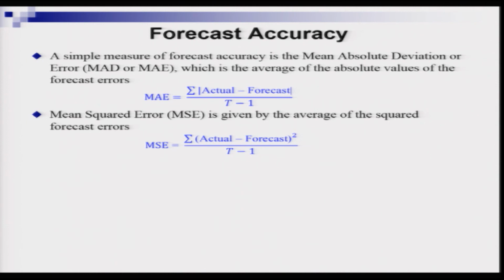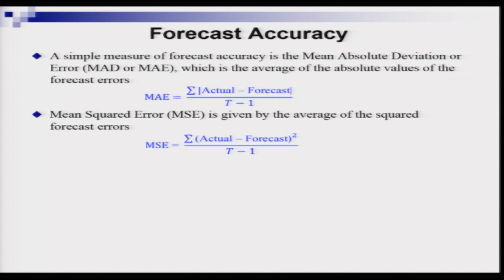Forecast error is the difference between the actual value of the time series variable and the forecasted value. Then you take the absolute value of this difference, sum over all observations, and finally divide by capital T minus 1, the number of observations minus 1.